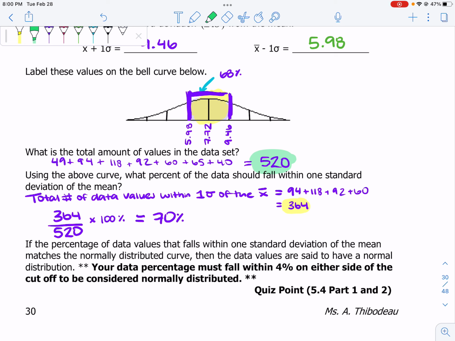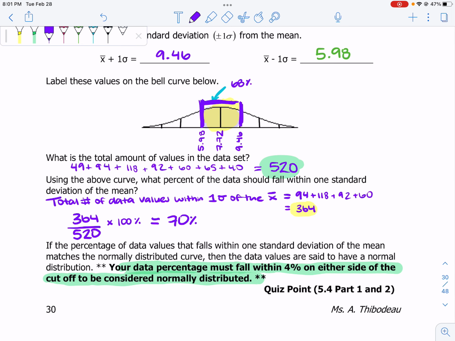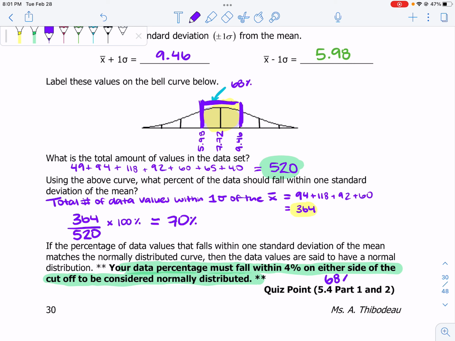That wiggle room says that if our calculated data percentage, the 70% we just calculated, falls within 4% of either side of the cutoff, it is considered normally distributed. So if I get a percentage like I did here of 70%, as long as it's within 68% plus or minus 4%, so that means as long as it's between 64% and 72%, we will say that it is within the acceptable range. We will classify that data as normally distributed.